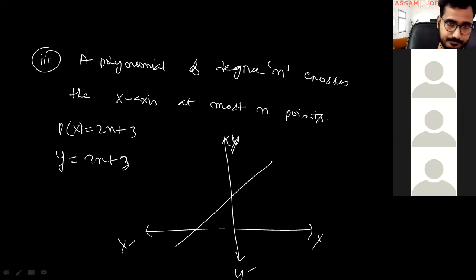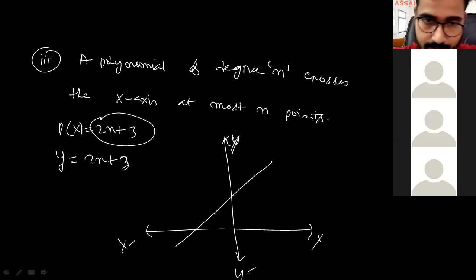Now see the straight line. It is the polynomial in terms of what, x or y? This polynomial is in terms of x. So by looking at the graph in the exam, suppose one graph is given and you are asked how many solutions the polynomial has.